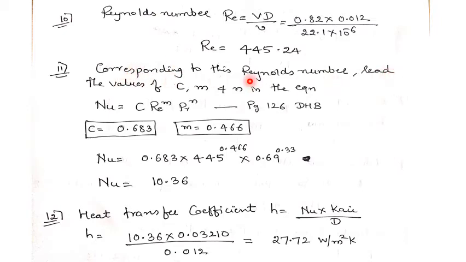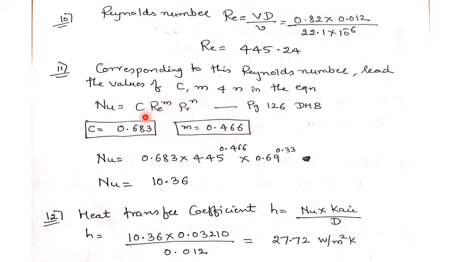Now let us read the values of this constant C, M and N in the equation. So this Nusselt number is given by the formula C into Re to the power M into Prandtl number to the power N. So this formula also we have taken from the data handbook, that is page number 126. You can open from the data handbook, and the C value is given as 0.683, whereas M value is 0.466.